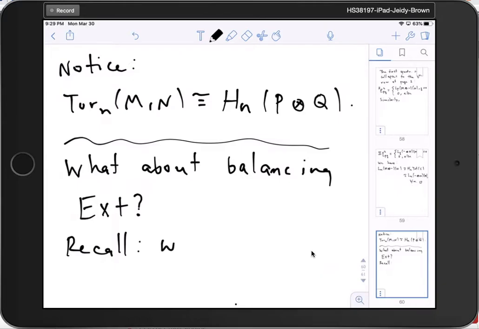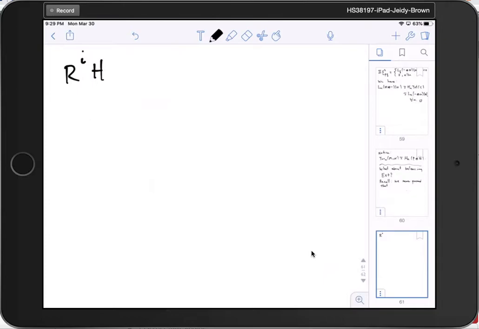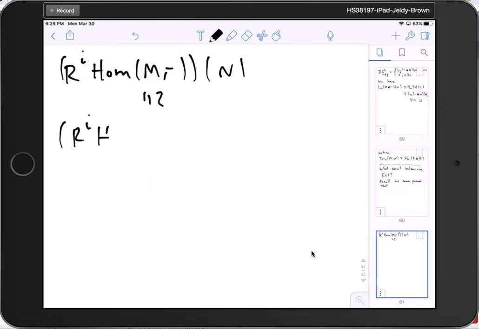I'll just suffice it to say we never proved that R^i Hom(M, blank) evaluated at N is isomorphic to R^i Hom(blank, N) evaluated at M. So this would be the statement of balancing Ext.